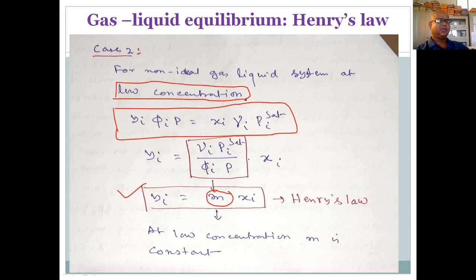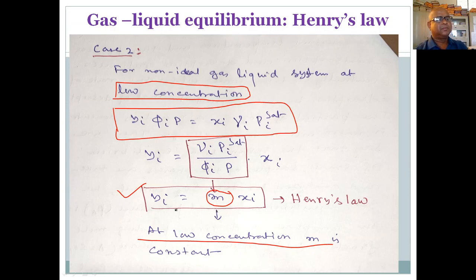If concentration is low, then it will be this. So Henry's law is applicable at low concentration. In general, if you take, let's say, 1% ammonia that you want to absorb in water, that means low concentration. In that case you can apply Henry's law, that is it.